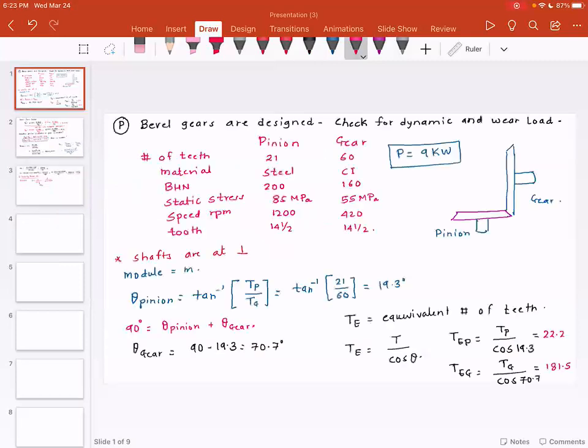What it means is, if you look at this pitch cone here, I need to find out this distance, that will be used in the Lewis equation.